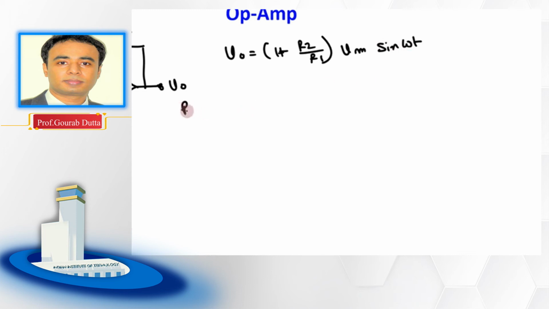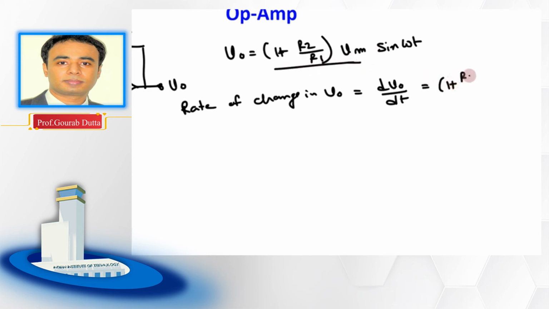Then what is the rate of change in output? So that is nothing but dVo by dt, we can find from here, right? So if you do that, then it will be this term 1 plus R2 by R1 into Vm into omega into cos of omega t, right?